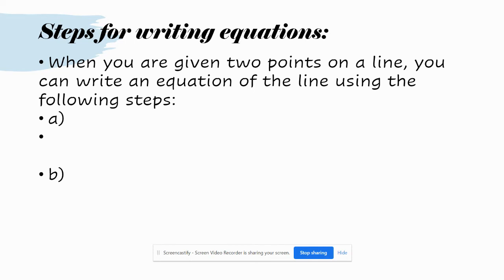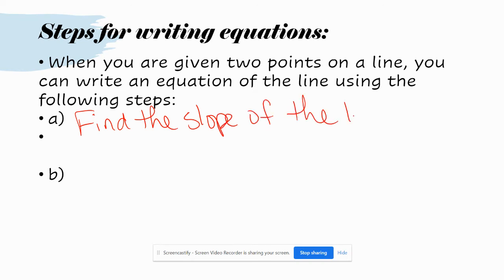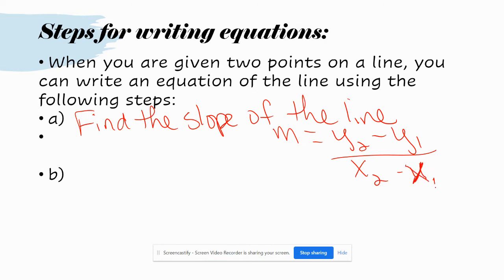So when we have 2 points on a line, the first thing we have to do is find the slope of the line, and remember that m equals y2 minus y1 over x2 minus x1.